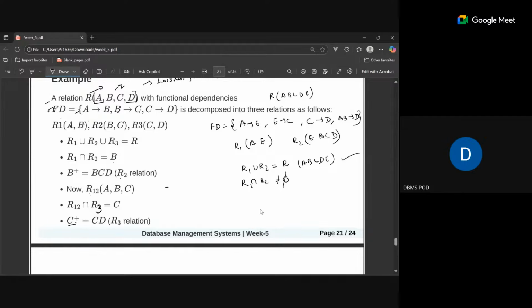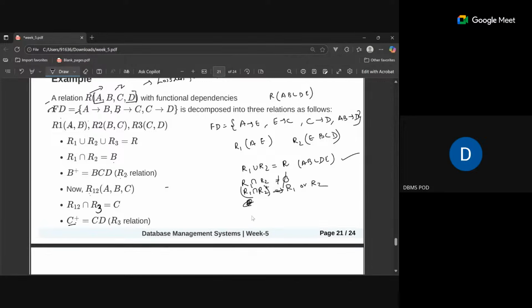Here the common attribute is E. The third condition is you take the closure of that common attribute, and that should determine either R1 or R2.